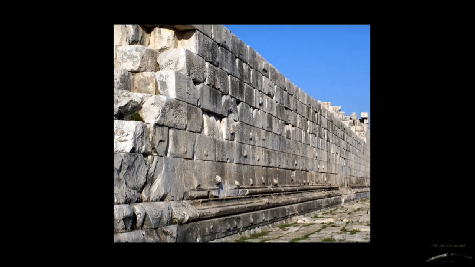And another thing that I would also like to point out is that not only are they all over the world, but how is it that all over the world at once everybody decided to start putting bumps on their stones? That doesn't make any sense. These were builders that went all over the world and they built this stuff.